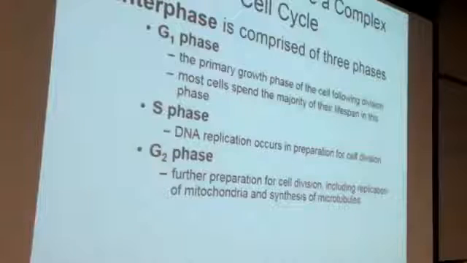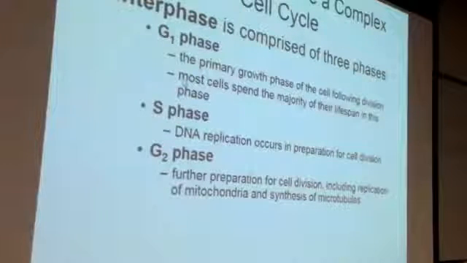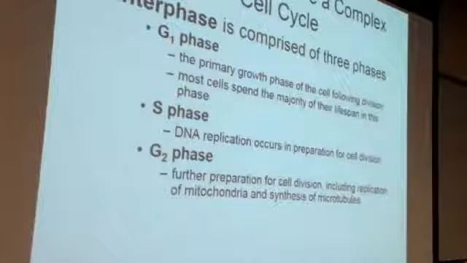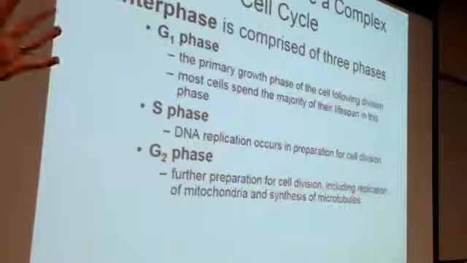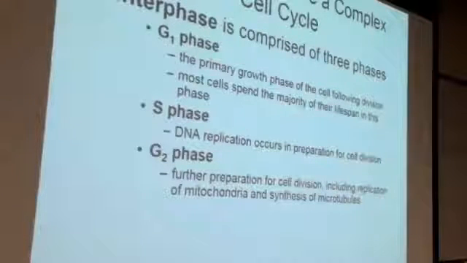When does that happen? For some cells, like our skin cells, that's just constant. It just keeps going through all of this. For your liver cells, they stay in G1 unless something happens where they're damaged and they can sense that there's damaged cells nearby. Then that will spur them on to go into the S, the G2, and then through mitosis to reproduce. But otherwise, they're just sitting in G1.